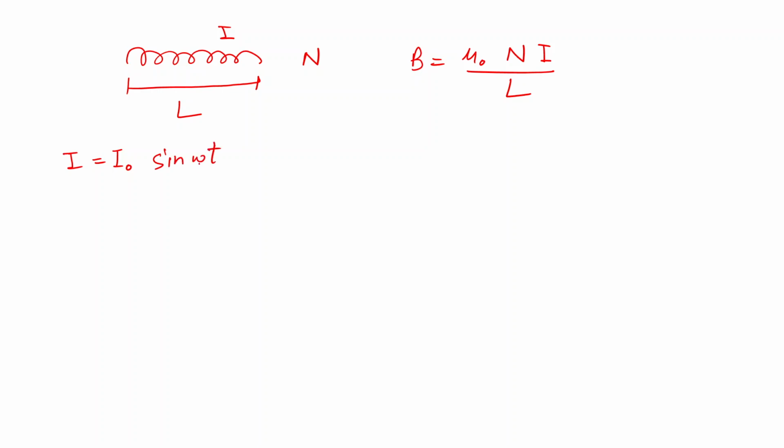Omega, if I want to write, is 2 pi times frequency. Then I can write it like this, right? So this is the AC current that we are sending through this inductor coil. Now this is the expression of the magnetic field because of this inductor coil.